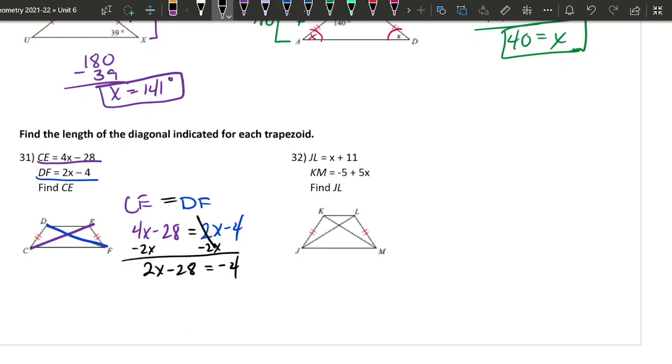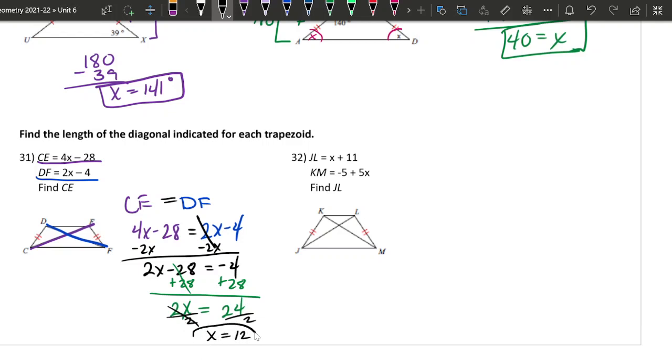I'm trying to get x by itself, so I'm going to add 28. Negative 4 plus 28 is 24. So 2x equals 24. Divided by 2, x equals 12.